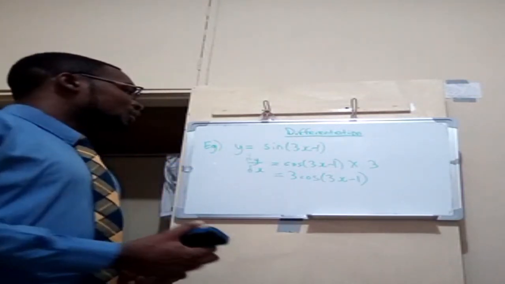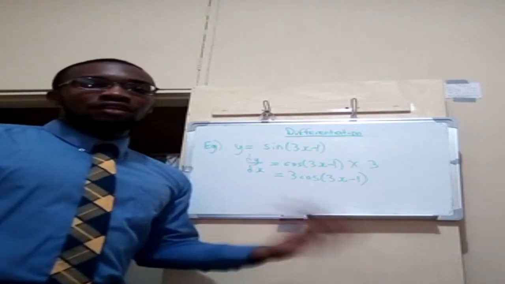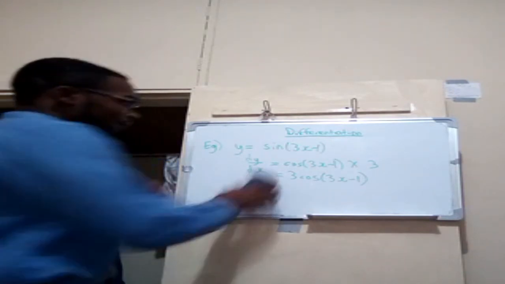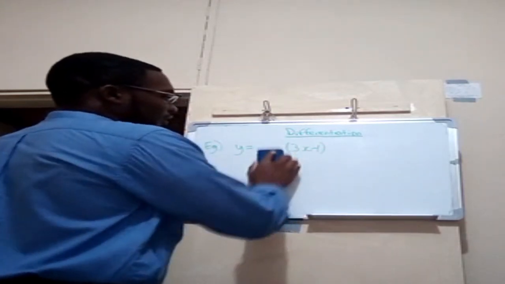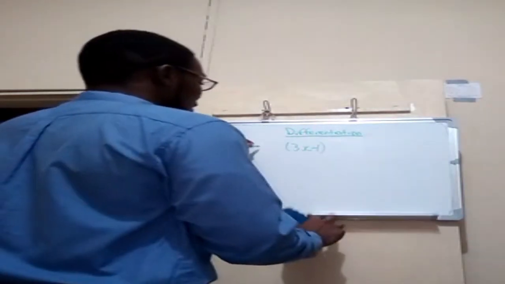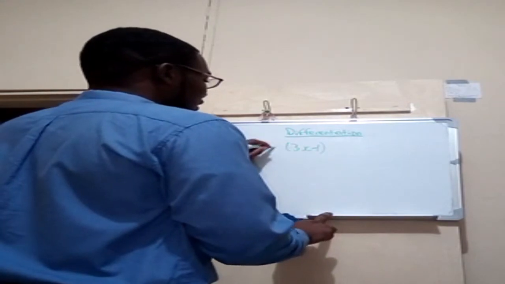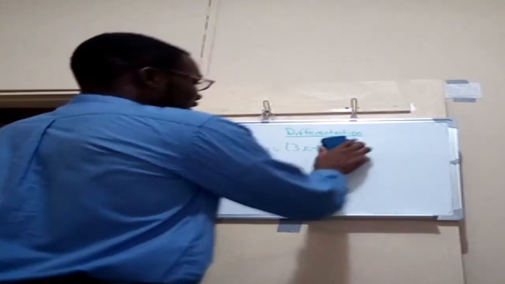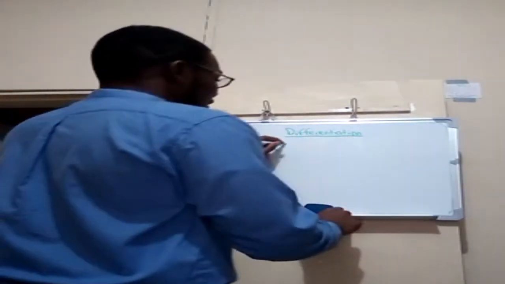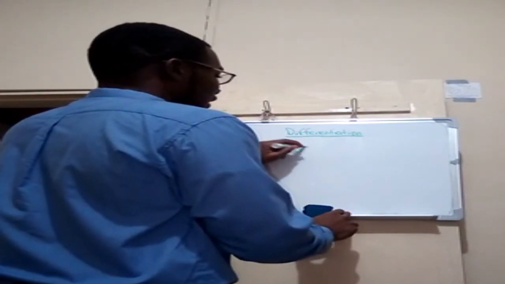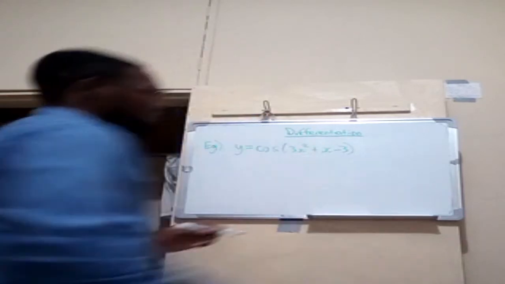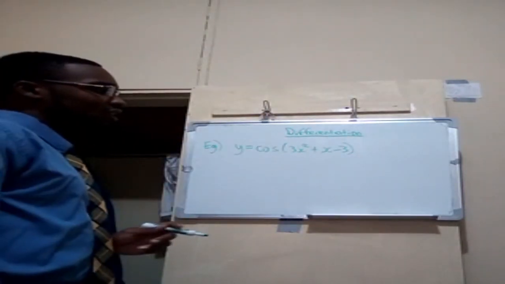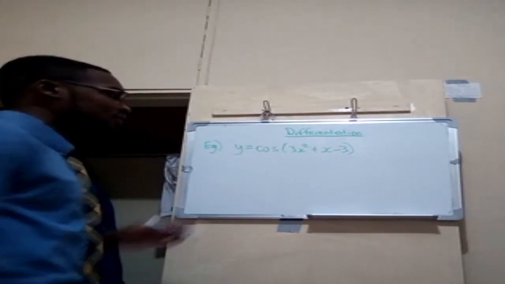Now, let us say that we have a cosine function. Let's say y is equal to the cosine of 3x squared plus x minus 3.